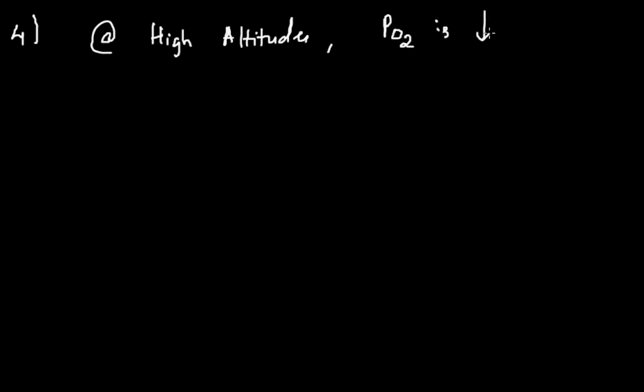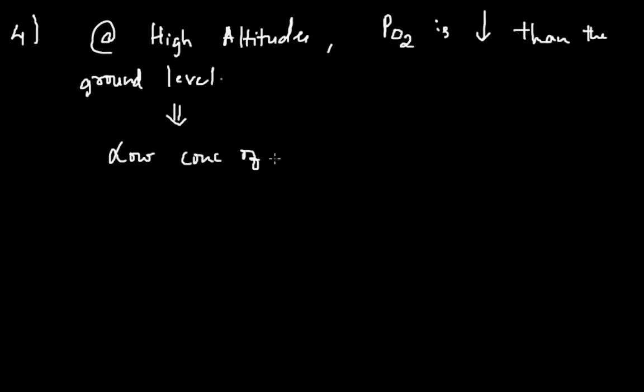Now coming to the next application. Fourth, at high altitudes the pressure of oxygen is very much less than at ground level, which means low concentration of oxygen in the blood and tissues.